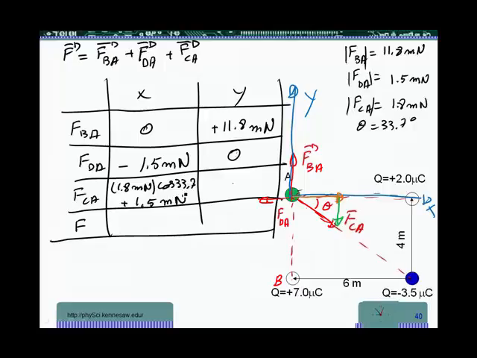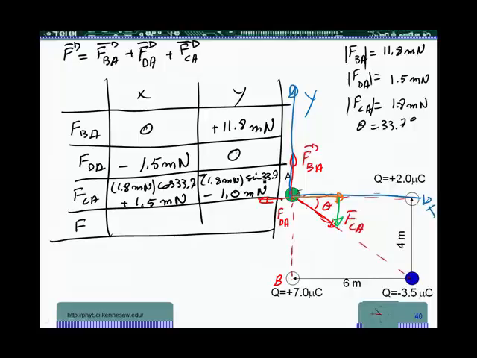Now that looks like it's going to make life easier for us. For the y component, it's going to be 1.8 millinewtons times sine of 33.7, but then we need a negative sign because it's pointing in the downward direction, so it's going to be minus. I'm doing the calculation on the side here, so that gives us minus 1.0 millinewtons.